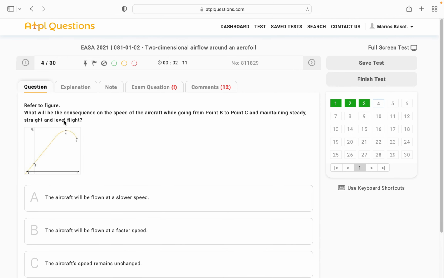Refer to the figure. What will be the consequence on the speed of the aircraft while going from point B to point C and maintaining steady, straight and level flight?